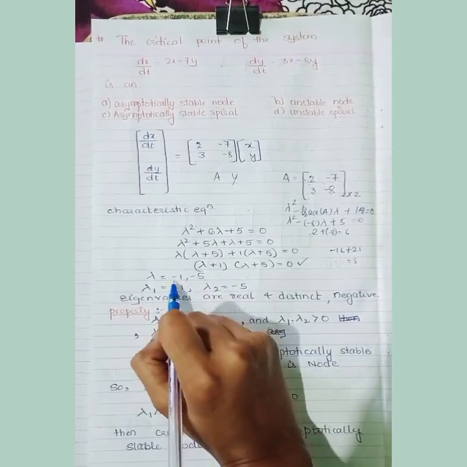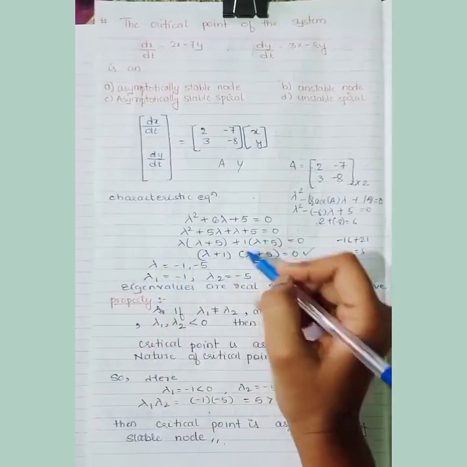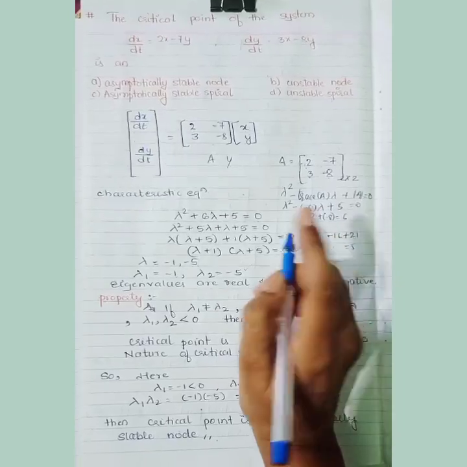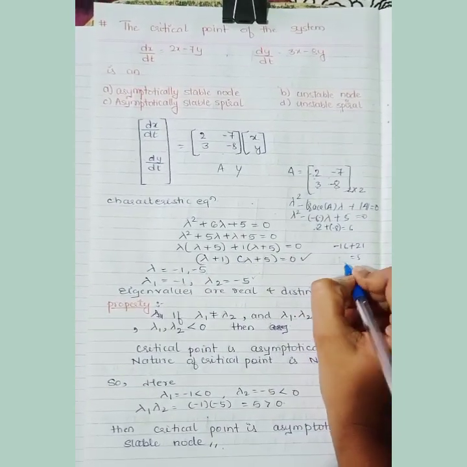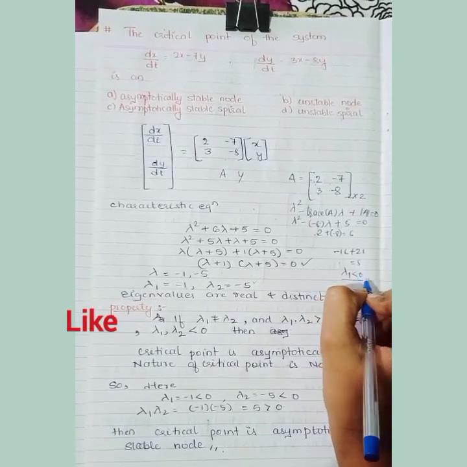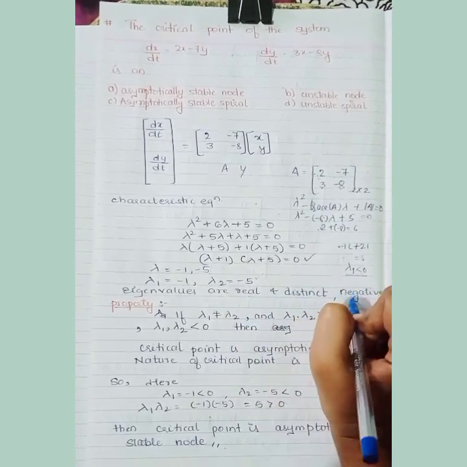In this case the eigenvalues are not repeated but they are negative. So here lambda 1 is -1 and lambda 2 is -5. In the previous question we saw that the eigenvalues were the same; if eigenvalues are same and negative, you get a stable node. Here the eigenvalues are real, distinct and negative.